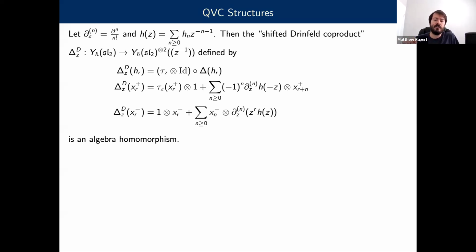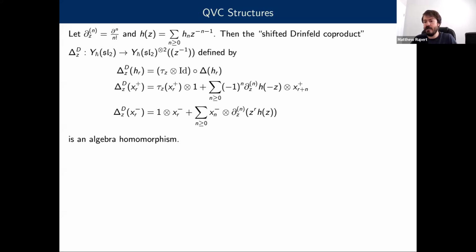This might look a little bit unnatural. Why would you define it this way? It actually comes from a Drinfeld coproduct on the Yangian double. On the Yangian double, you can similarly collect all of your generators as formal power series, and then naively pretend these formal power series are elements of your algebra, and define a coproduct on them that looks basically identical to the coproduct on Drinfeld-Jimbo algebras.